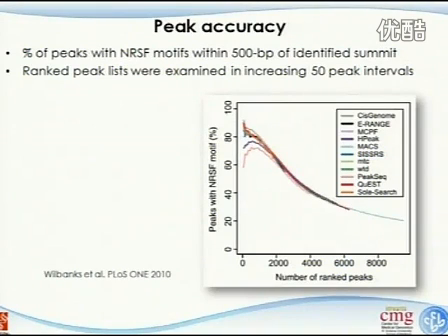Another thing they want to look into is the peak accuracy, which is the percentage of peaks with this motif within 500 base pairs of the identified region. So you can see this with the number of ranked peaks, and of course the smaller the number is, the higher the ranking is.